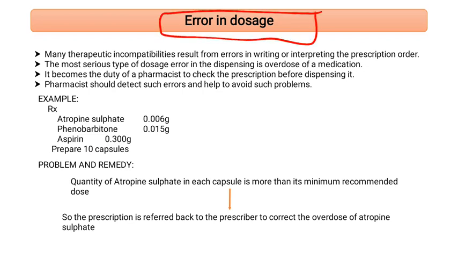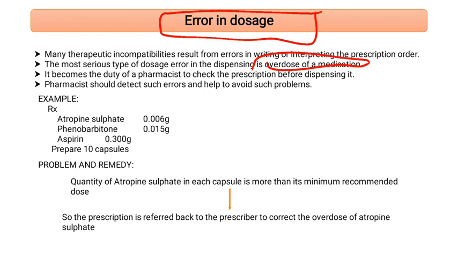There are many therapeutic incompatibilities which result from errors in writing or interpreting the prescription. Various therapeutic incompatibilities occur due to errors during the writing, interpreting, or reading of the prescription. The most serious type of dosage error while dispensing the prescription is the overdose of a medication. Overdose is a very severe dosage error.